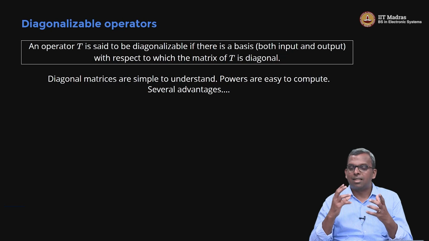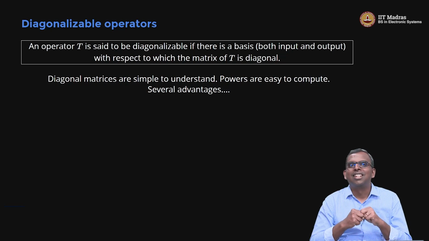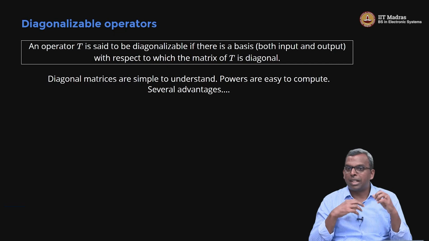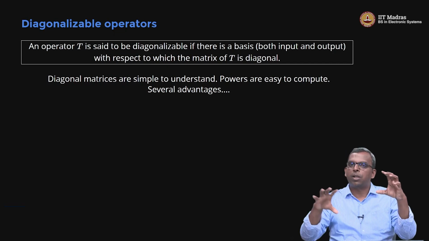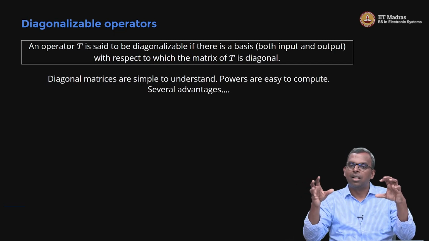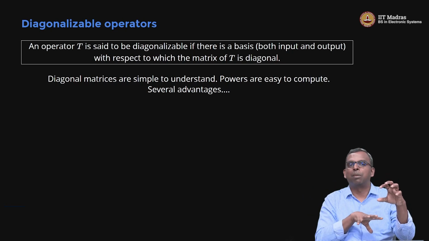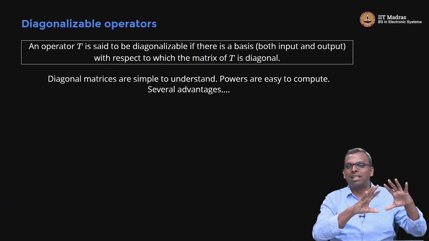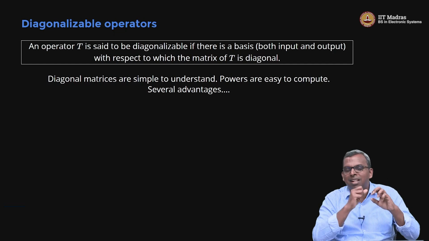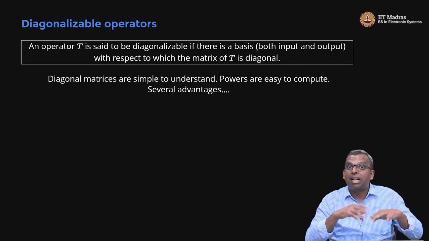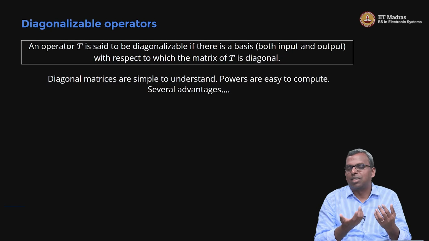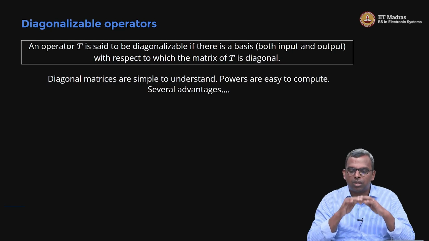Okay, so that is the tricky piece of work here. The operator remains the same. Its matrix with respect to the canonical basis is not diagonal, but with respect to some other basis, maybe it becomes diagonal. Then we can live in that basis. Any basis is the same in some sense. We can live in that basis and have a diagonal matrix, which is very, very nice and easy to work with.